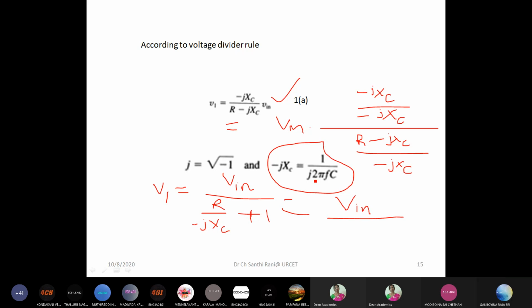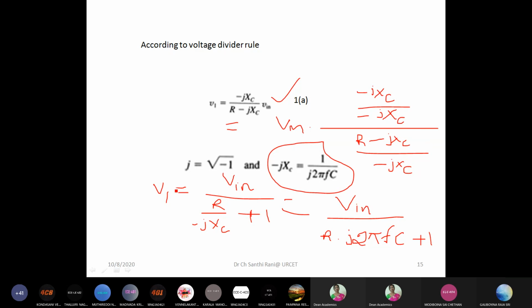So in place of minus jXc we have j2πfC, and in the numerator we have R. Therefore what we will get here is R multiplied with 1 by minus jXc, which is equal to j2πfC. So j2πfC, and this plus 1 as it is you write.